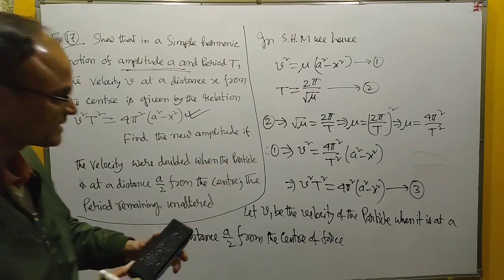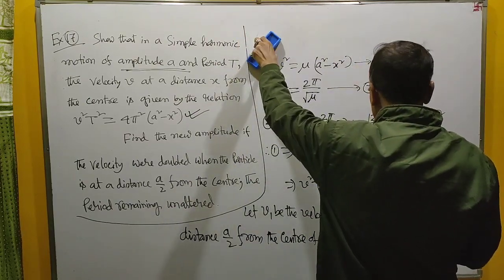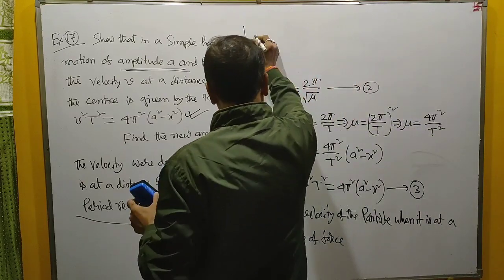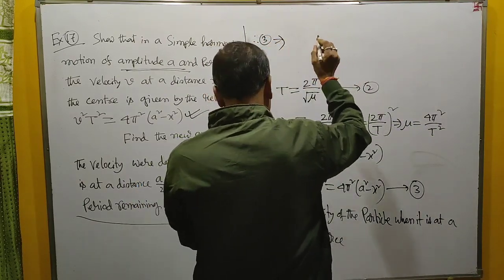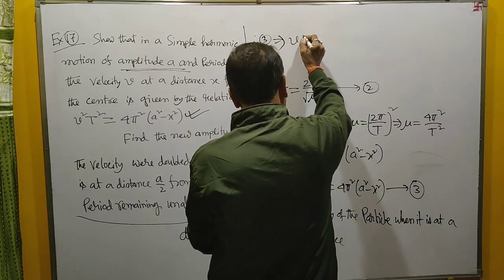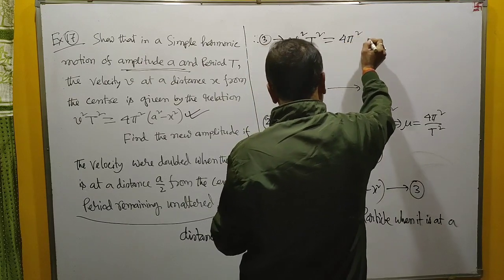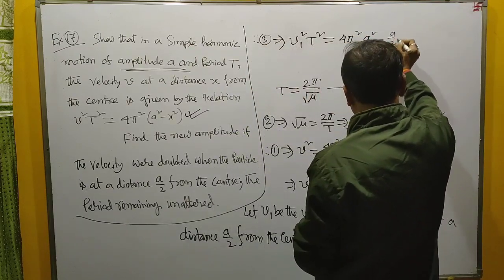Then from 3 we get, v square T square equal to 4 pi square into (a square minus x square).